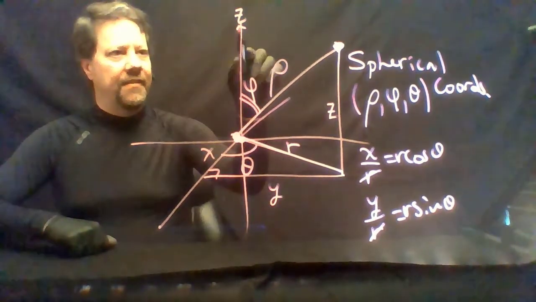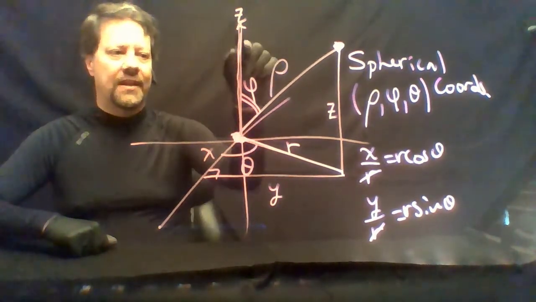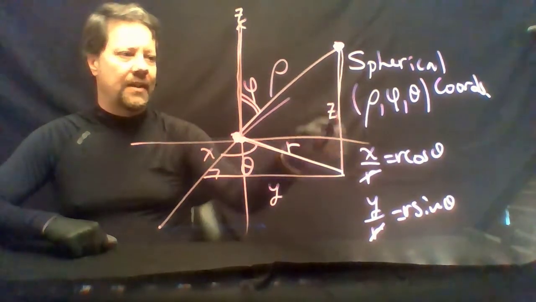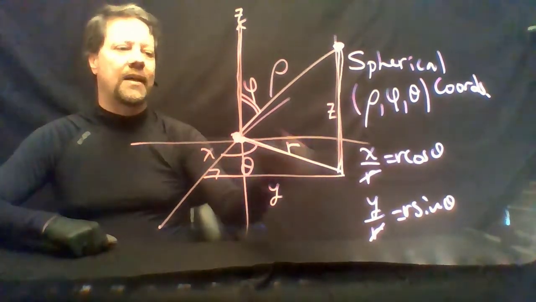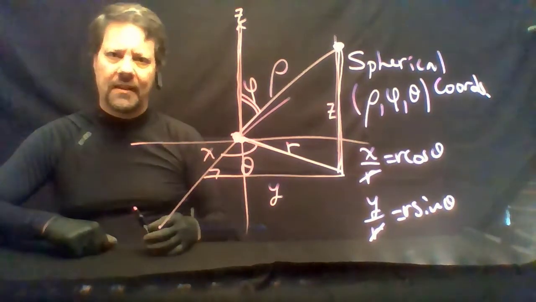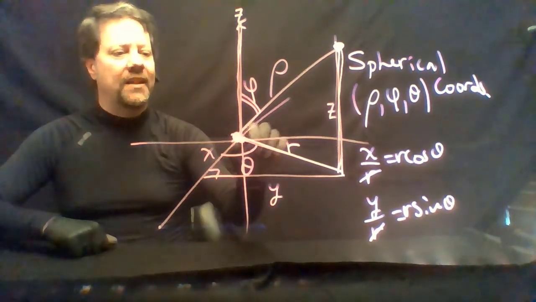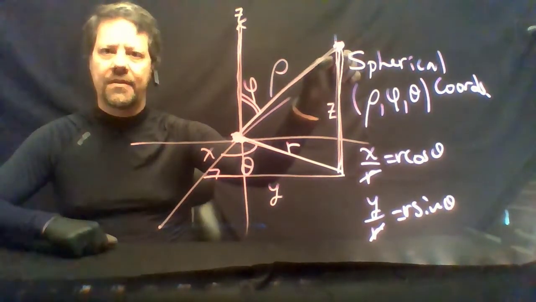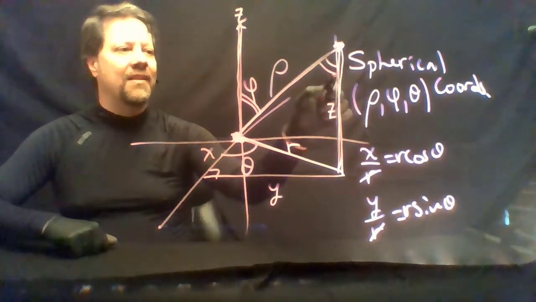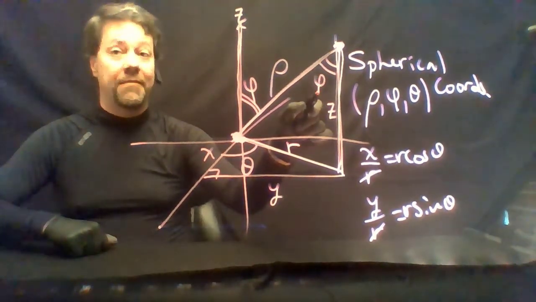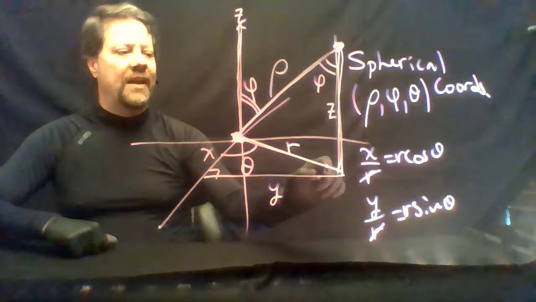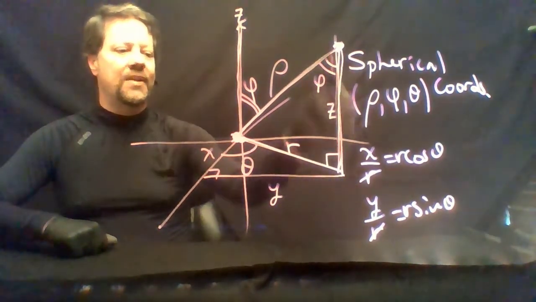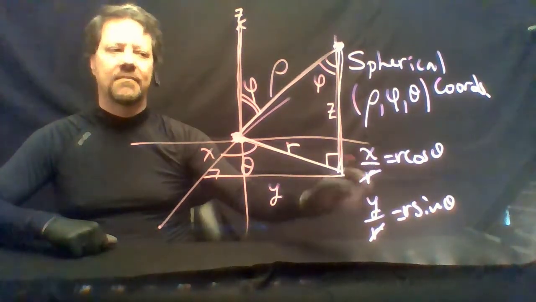Note that if this is a line that goes straight up, this is also a line that goes straight up, which means these two lines are parallel, and they are cut by a transversal, which means this angle had better be phi. We have a right triangle here since this goes straight up off of the xy plane.